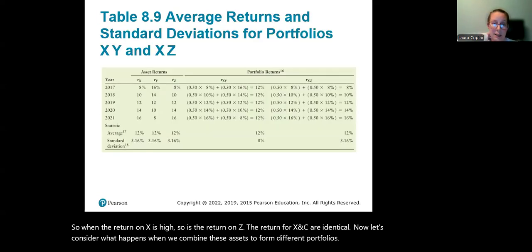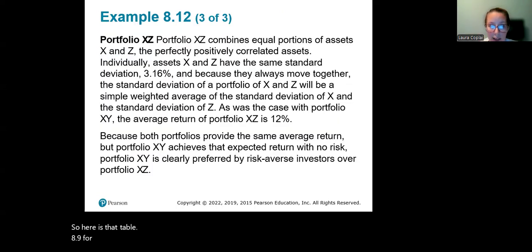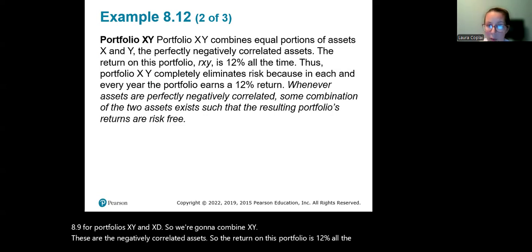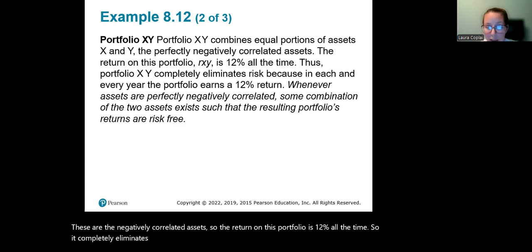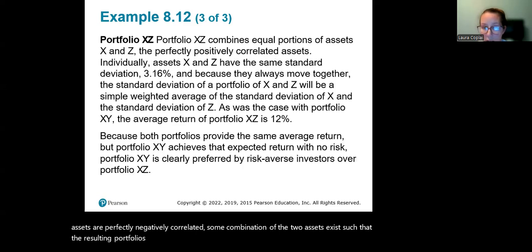So here is that table 8.9 for portfolios XY and XZ. We're going to combine XY. These are the negatively correlated assets. So the return on this portfolio is 12% all the time. It completely eliminates risk because each and every year it's going to return 12%. Whenever assets are perfectly negatively correlated, some combination of the two assets exists such that the resulting portfolio's returns are risk-free.